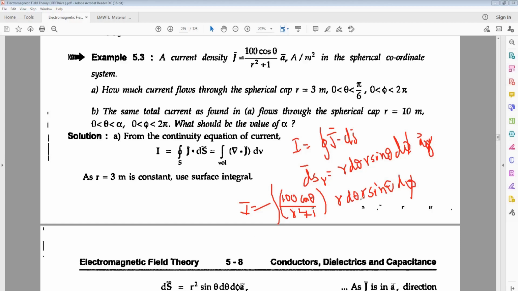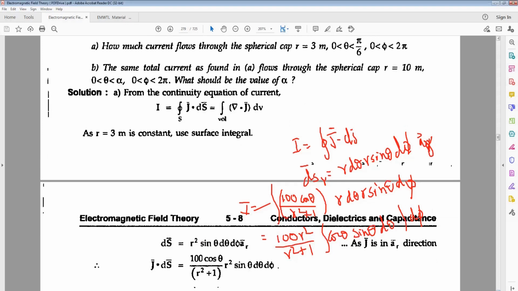There are no other r terms, and the rest is a constant: cos theta, sin theta, integral d theta, and another integral d phi.